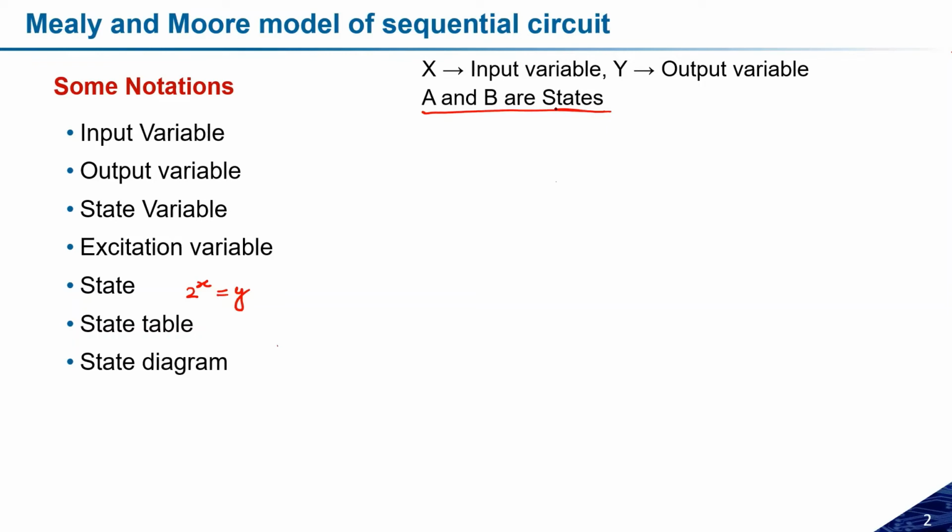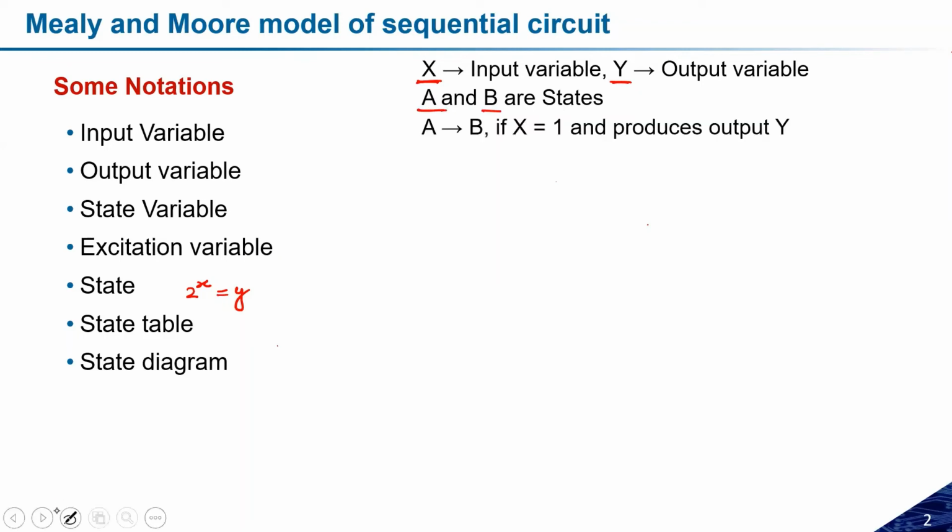Let us consider that the flip-flop or the memory element has two states, let us assume these are a and b. Let me repeat again what I have done. Let us consider x is the input variable, y is the output variable, and a and b are the two states.